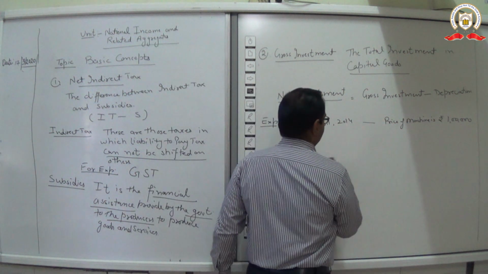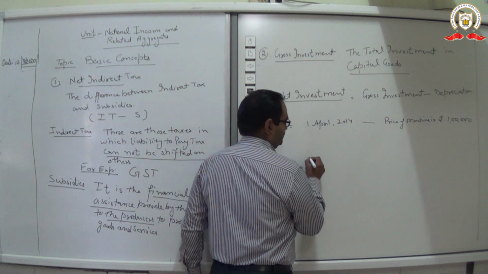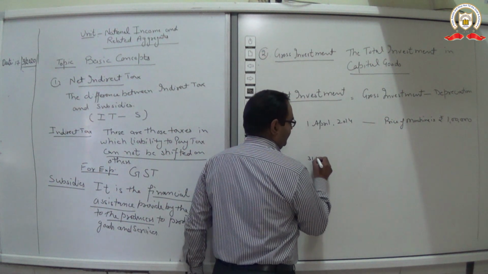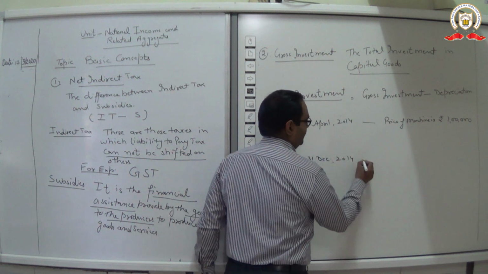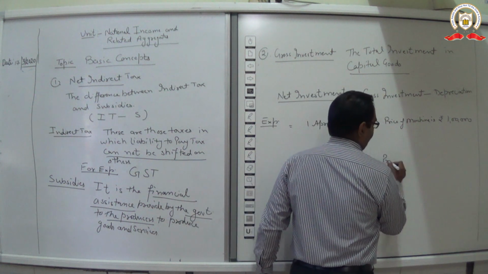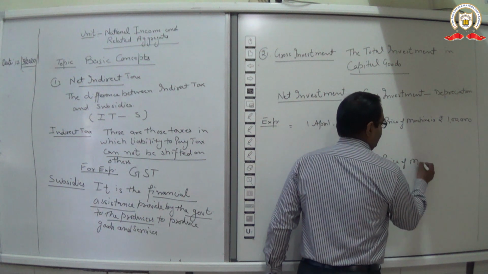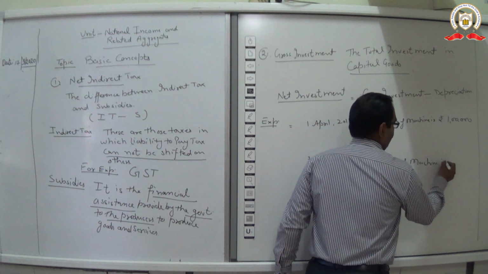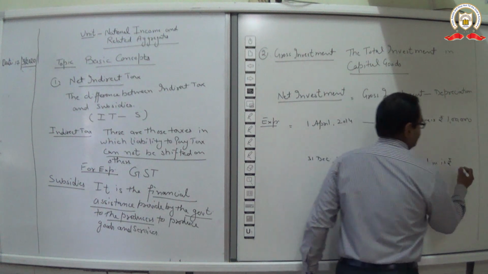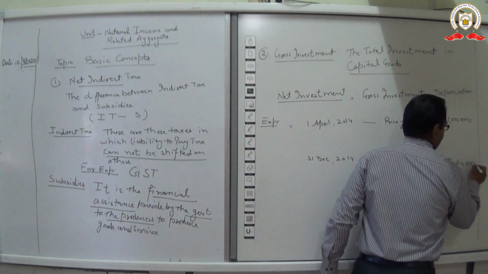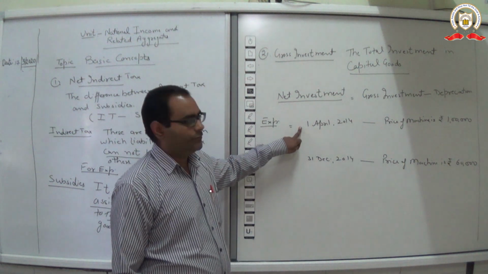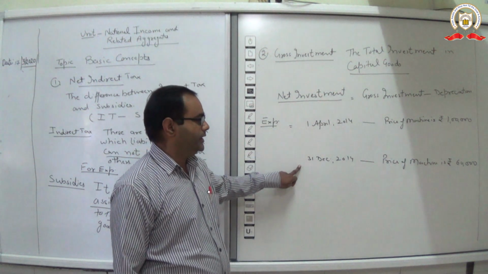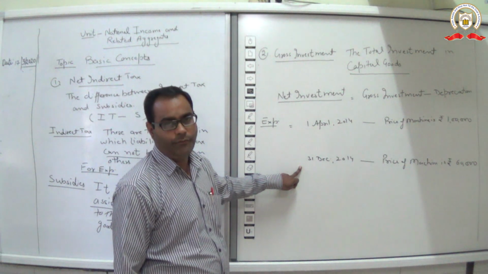Now, suppose after 31st December 2014, the price of the machine is rupees 60,000. Now the 1 lakh rupees cost of the machine becomes 60,000 on 31st December 2014.